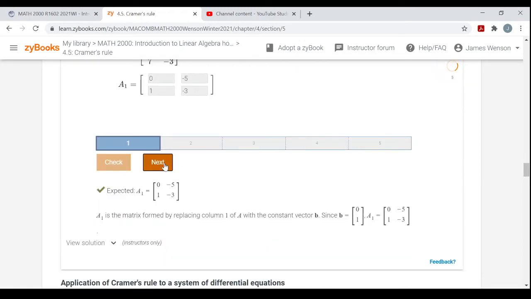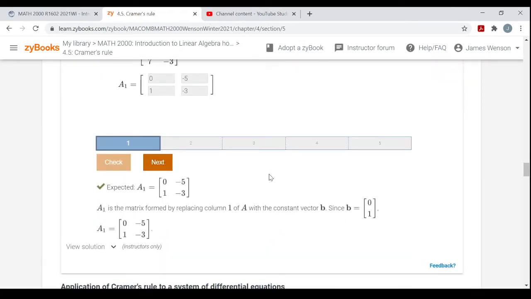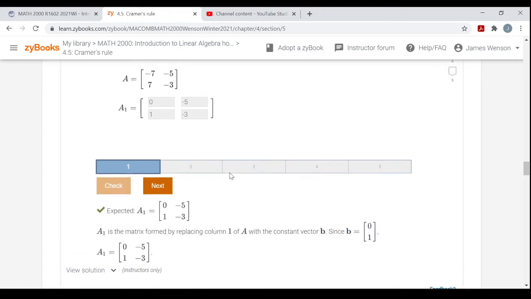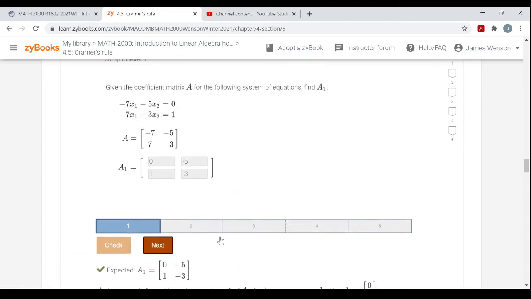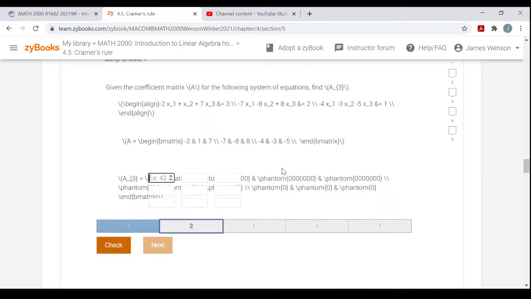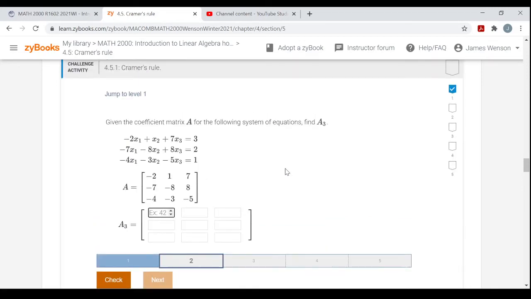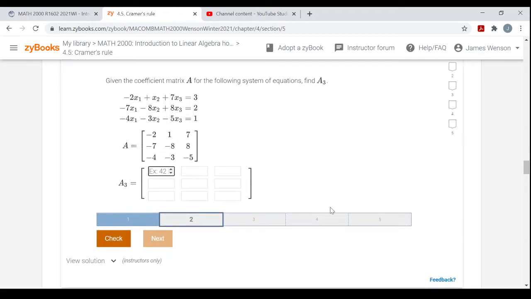I'll just go through the next level, and pretty sure at some point they have you solving a system with Cramer's rule. So the next level is similar. Just what would be the matrix A3? So you take the coefficient matrix here, replace the third column with the 3, 2, 1.